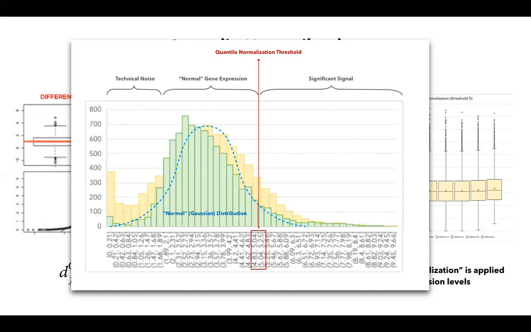So those genes which are functioning normally in both the samples are not of much use to us, because there is no comparison there, because those genes are meant for normal functions. So we do quantile normalization to normalize that sort of data, so that we can focus on the data which is more relevant to us, those genes which are differentially expressed, which have different expression. So that's our goal.